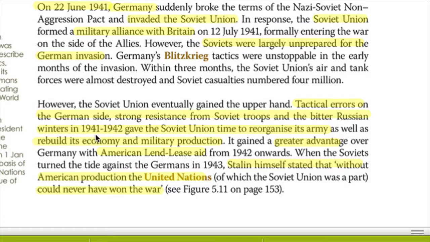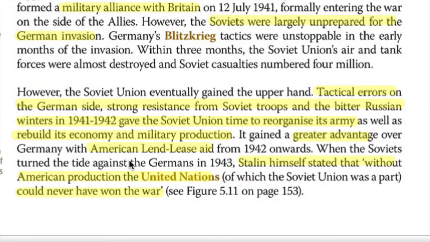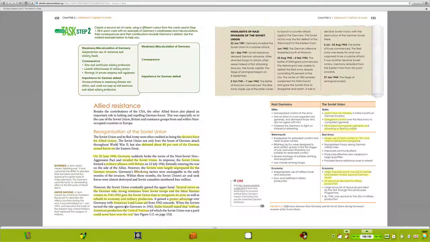It took advantage, if you recall earlier, of the American Lend-Lease aid. Now, Stalin himself said that without American production, the United Nations could never have won the war. Of course, this was Stalin's way of saying that without the help of the Americans, the Soviet Union wouldn't have won the war. But of course, he would be too egotistical to say this out loud.